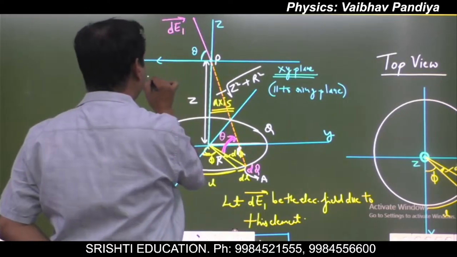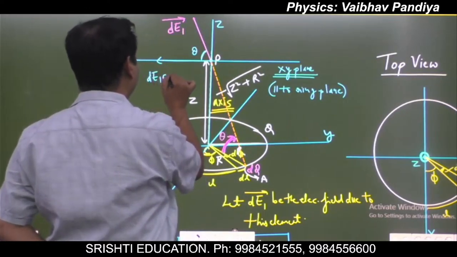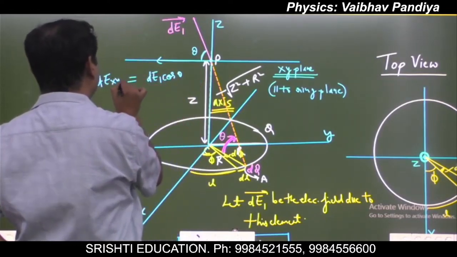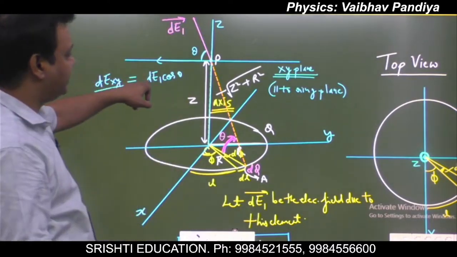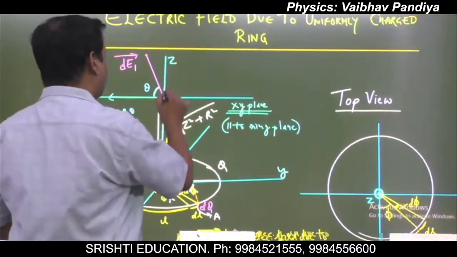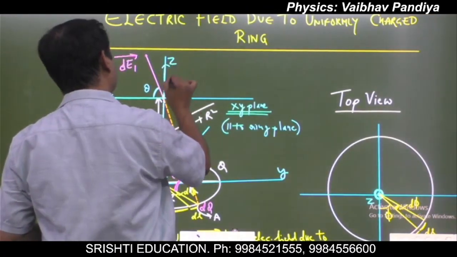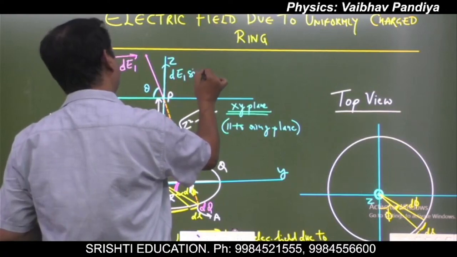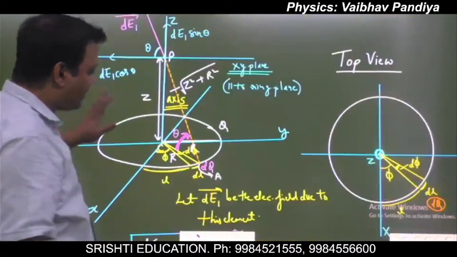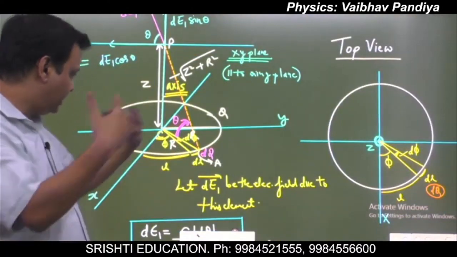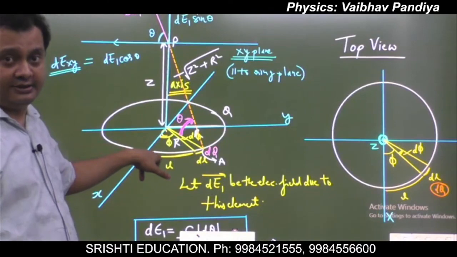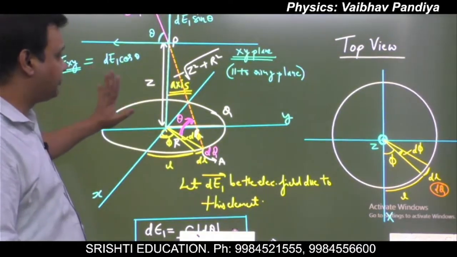One will come to be dE1 cos theta, right? This is your xy component. I'm not saying this is x component or y component. This is the component in the horizontal plane, dE1 cos theta. And this component will be dE1 sin theta. Same approach will be applicable in the problem which we'll be doing in the coming lecture, when your lambda depends on the azimuthal angle phi. Lambda will vary with phi. Everything approach will be the same.